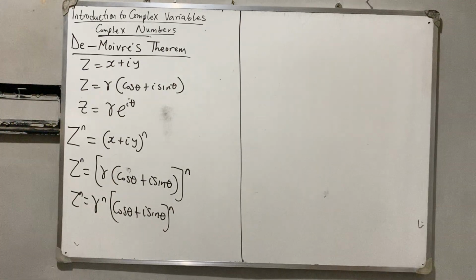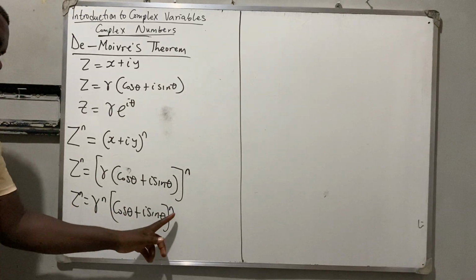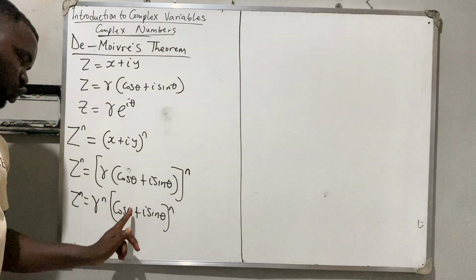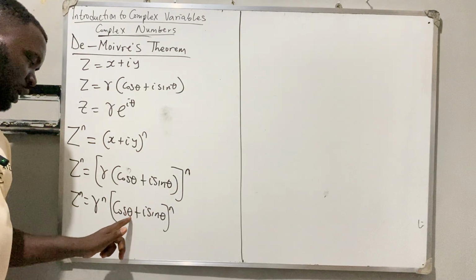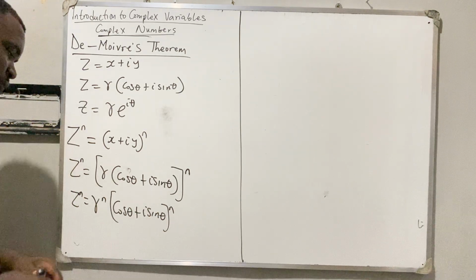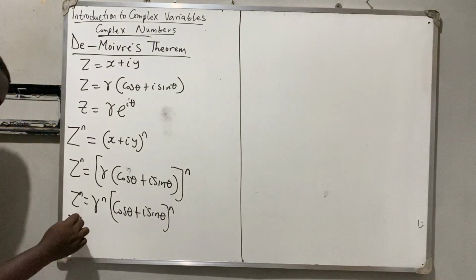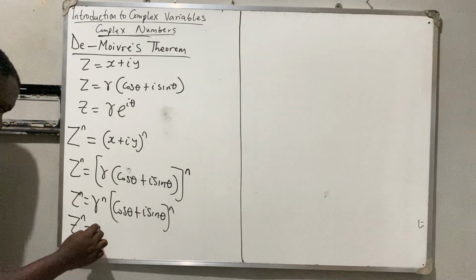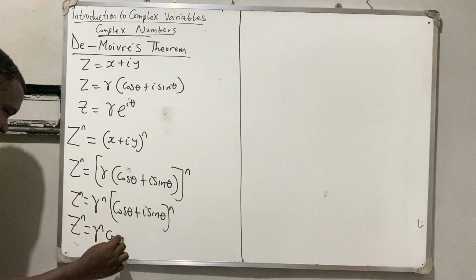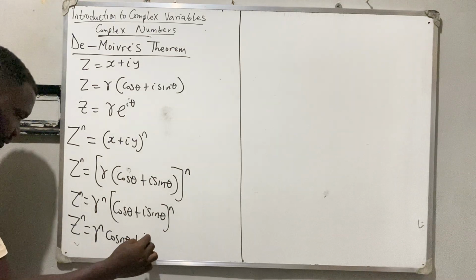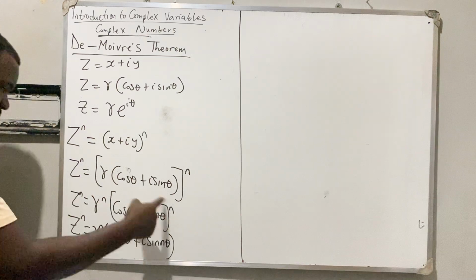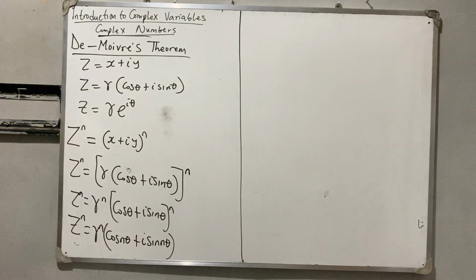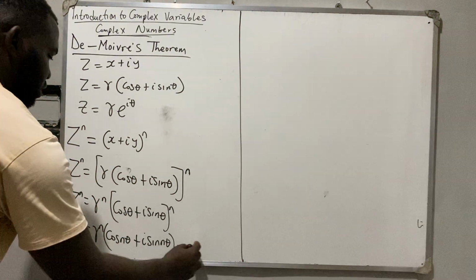The De Moivre theorem says that when you have something raised to power n here, the n should just come and multiply the argument, the angle. You understand? So z raised to power n will be r raised to power n, cos n theta plus i sine n theta. The n will just come and multiply the theta. That is what we call the De Moivre theorem.